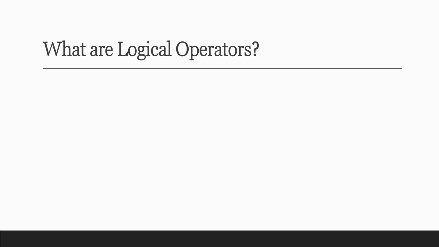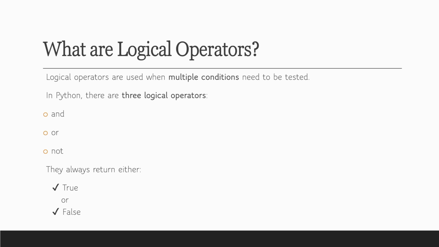Let us understand what logical operators are. Logical operators are used when multiple conditions need to be tested at the same time. In Python, there are three logical operators. They are and, or, and not. These operators help us combine or modify conditions in a program.